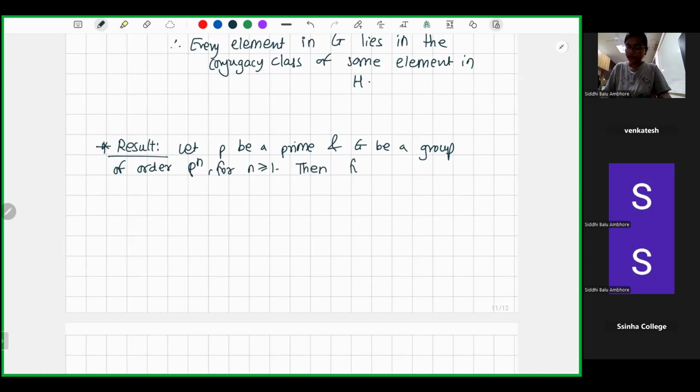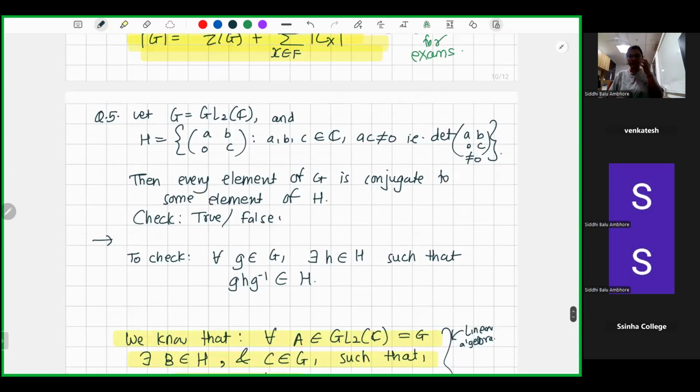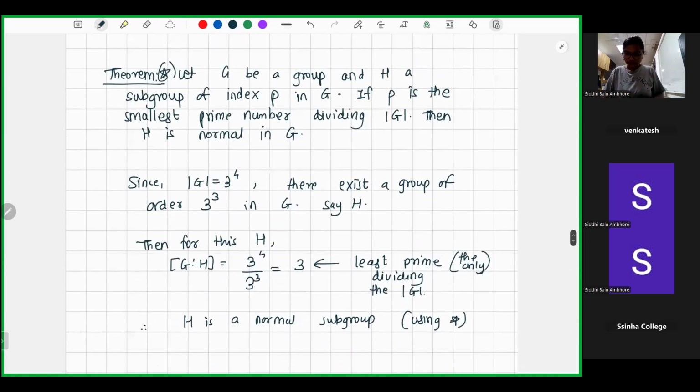Then for every r less than or equal to n, there exists a subgroup H of G of order p power r. So here, there exists a subgroup.